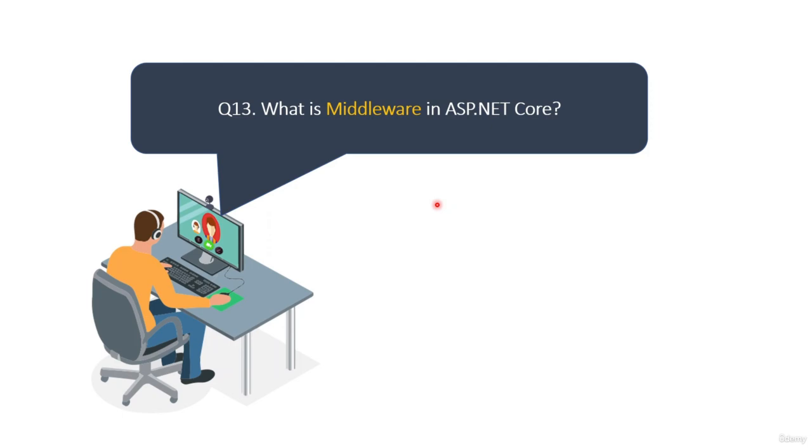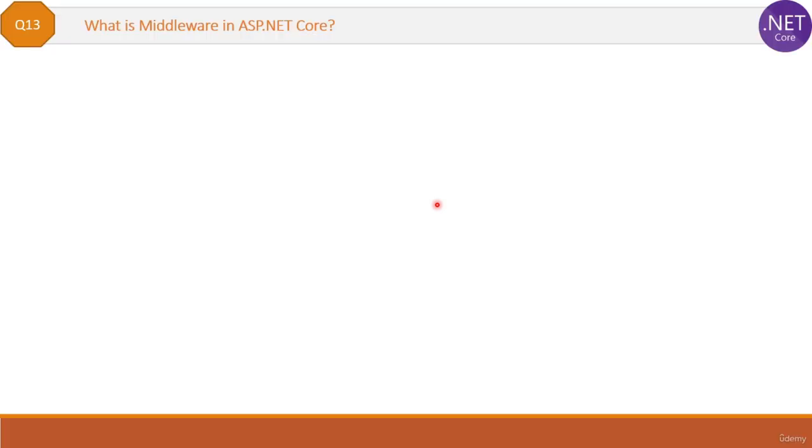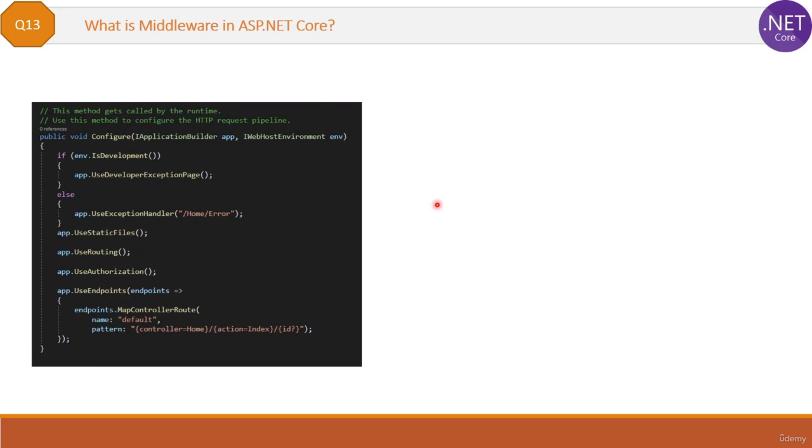What is middleware in ASP.NET Core? As you can see here, inside the Configure method, we are calling several components like IsDevelopment, UseStaticFiles, UseRouting, UseAuthorization, and at last UseEndpoints. All these methods are nothing else but middlewares.